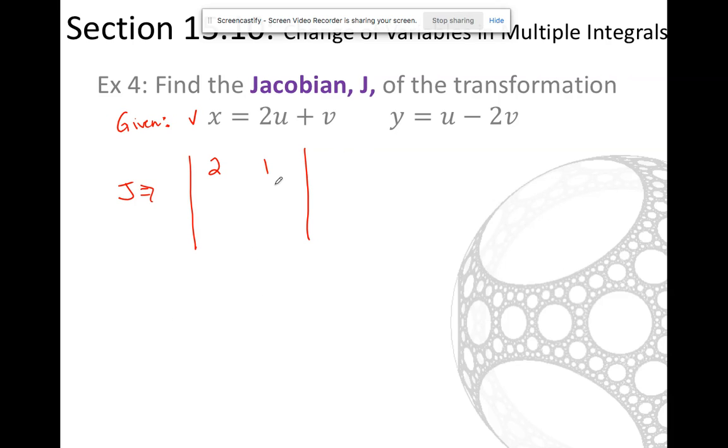Now your partials with y, partial y, partial u, partial y, partial v. Do your determinant work. This time the Jacobian was negative. So this is the Jacobian, but to use it as our area scalar, we would need to take the absolute value of that and get 5.